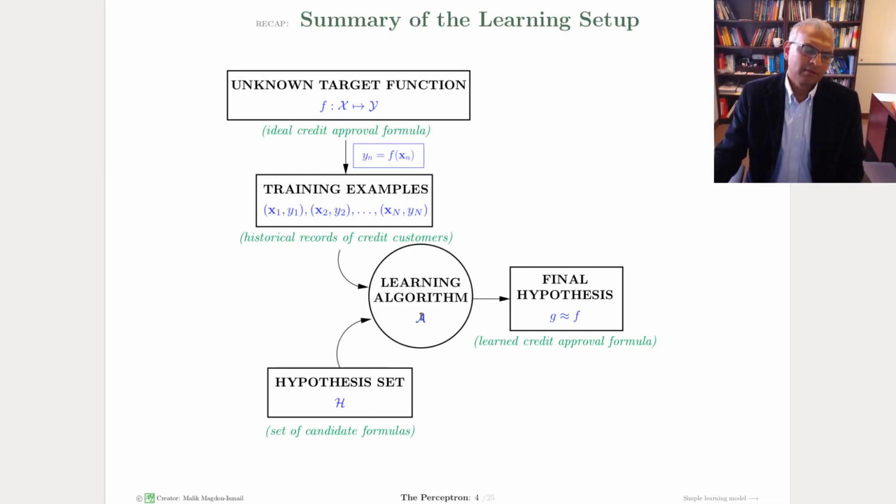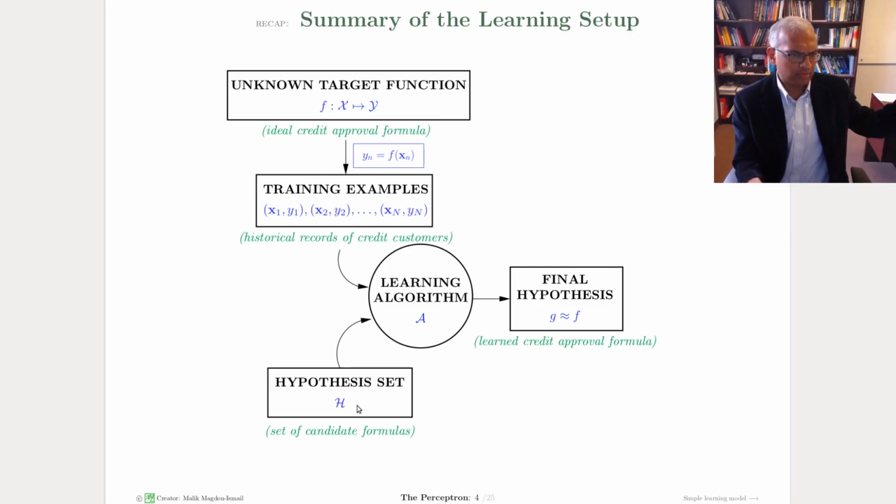So, first, how does the learning algorithm pick a hypothesis from the hypothesis set? At a very high level, there's a whole bunch of hypotheses in the hypothesis set that are available to the algorithm. Now the algorithm gets to see the training examples, and it needs to pick one.